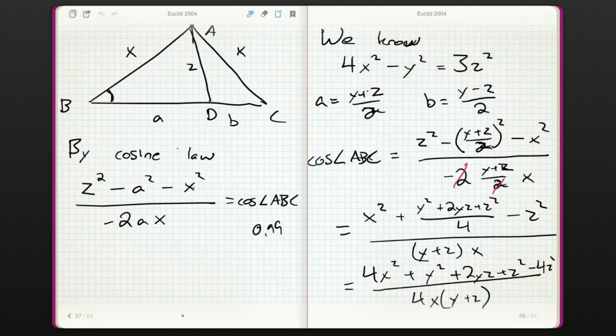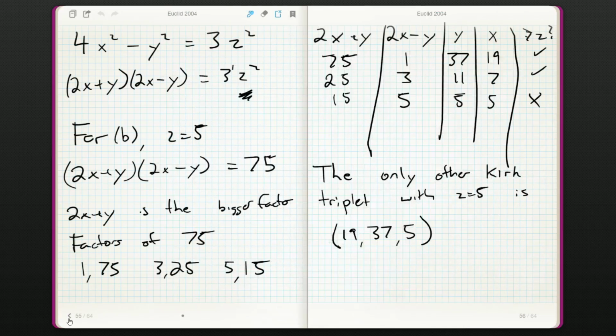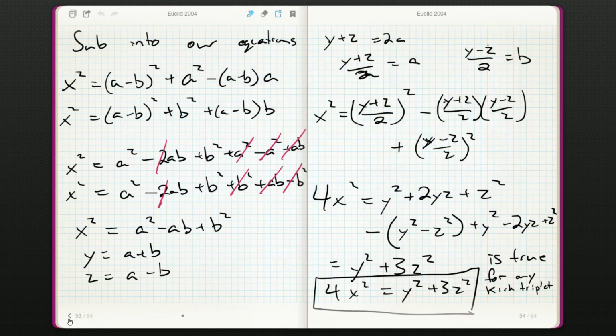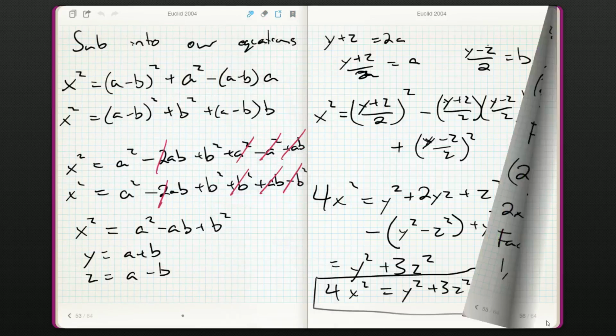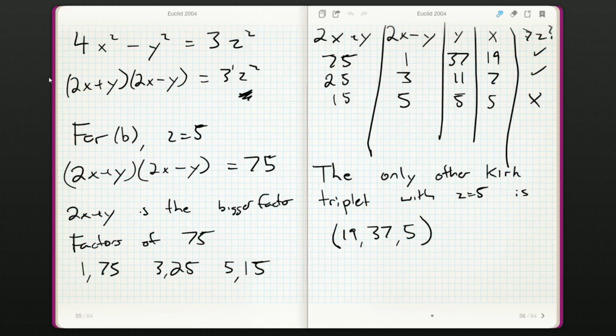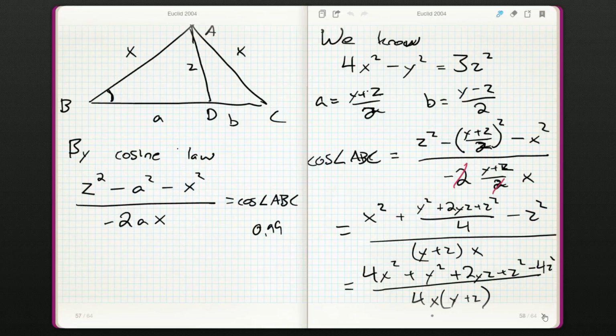So, what, if anything, can I still use? This 4x squared minus y squared equals 3z squared. I don't think I'm going to get that in any nice places, because we already sort of used it to make our triples.